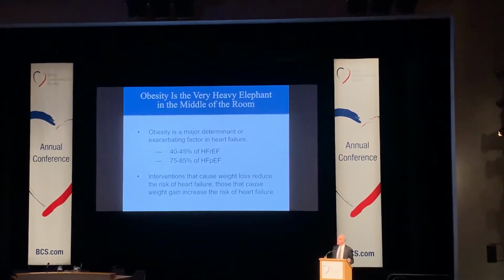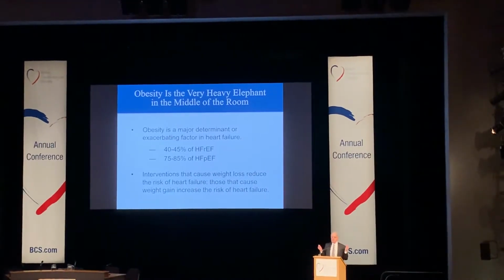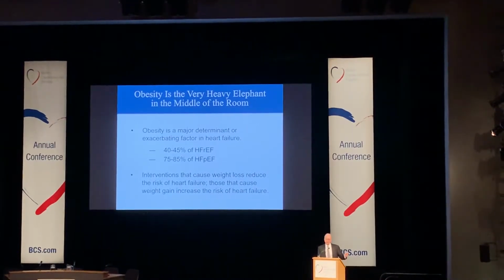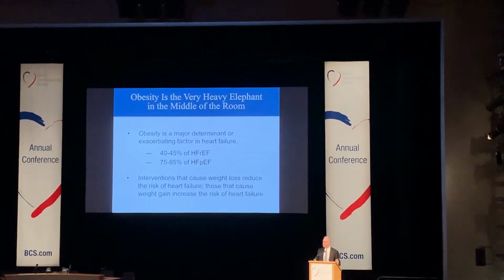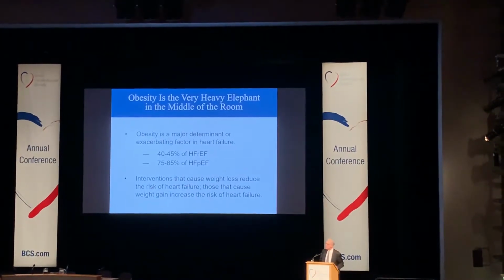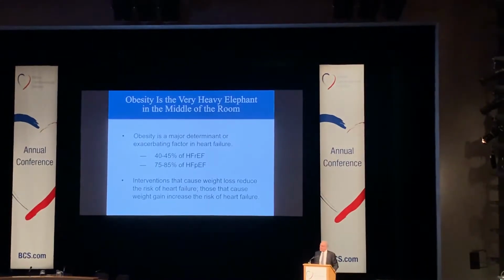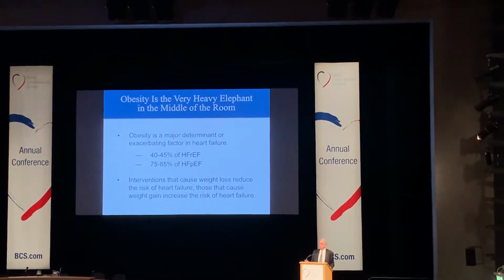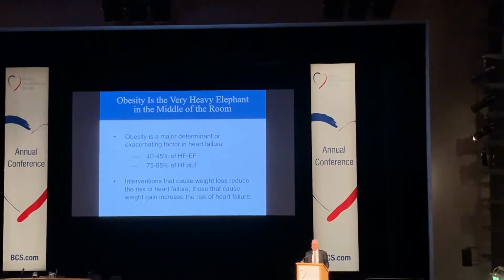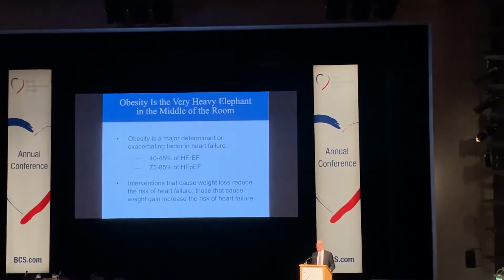Obesity is a major driver of heart failure, whether patients have heart failure with a reduced ejection fraction or heart failure with a preserved ejection fraction. But it's really a driver of heart failure with a preserved ejection fraction. 75 to 85% of patients with heart failure and a preserved ejection fraction are overweight or obese.